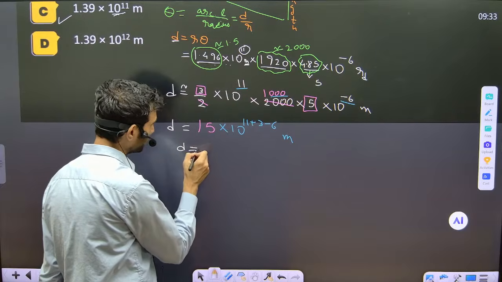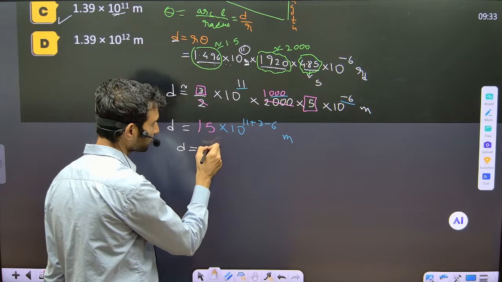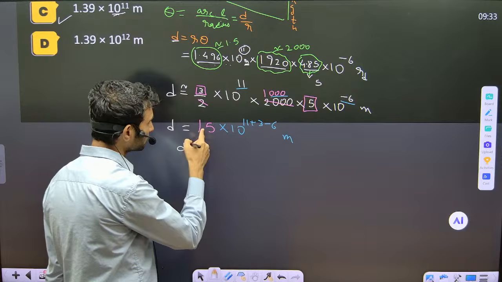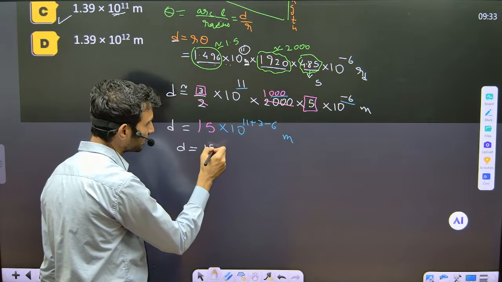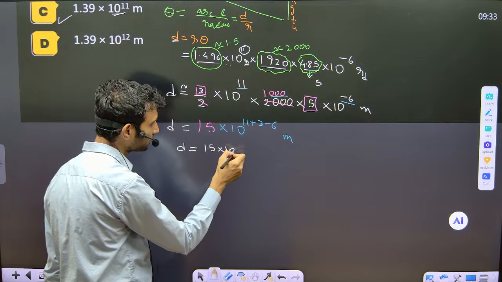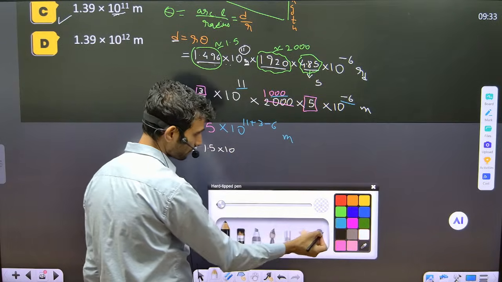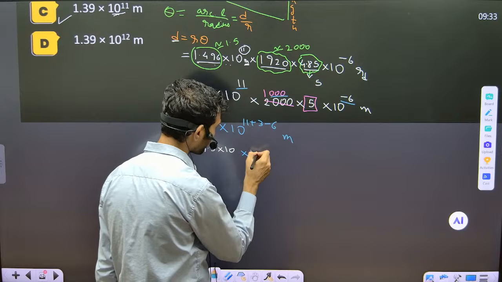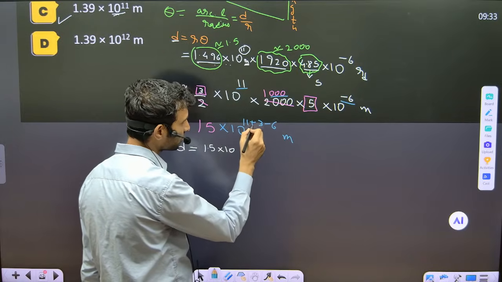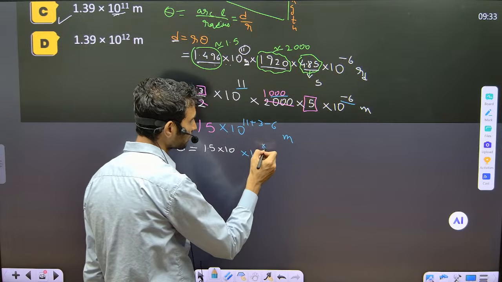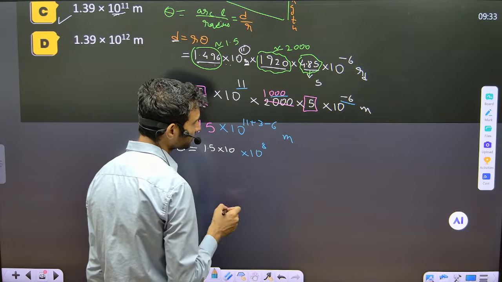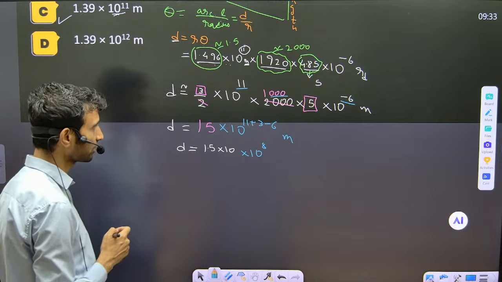So D is coming out to be 15 meter. Okay, they have it in decimal. So 15 can be written as 1.5 into 10, into 10 raised to the power 8, right?